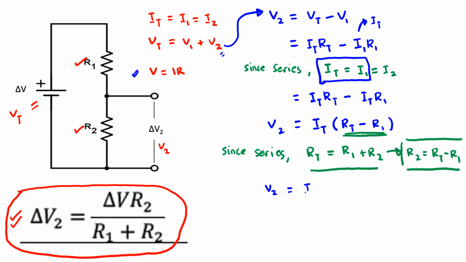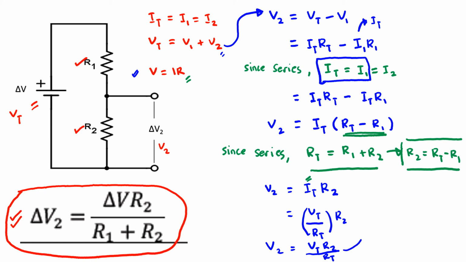V2 is equal to IT multiplied by R2. And once again, by virtue of Ohm's law, IT is equal to VT over RT, the total resistance, multiplied by R2. I could rewrite this as VT times R2 divided by the total resistance RT.